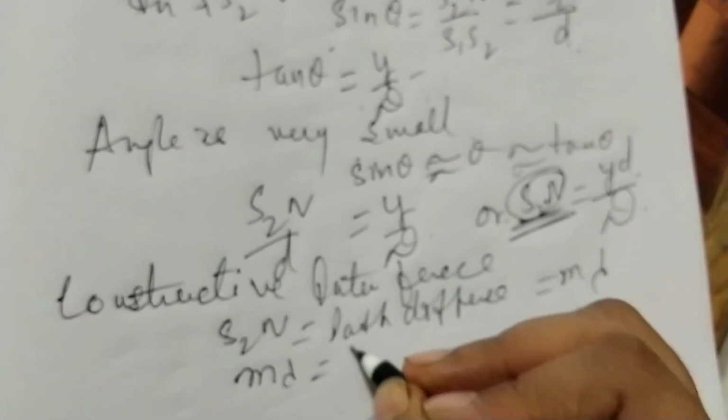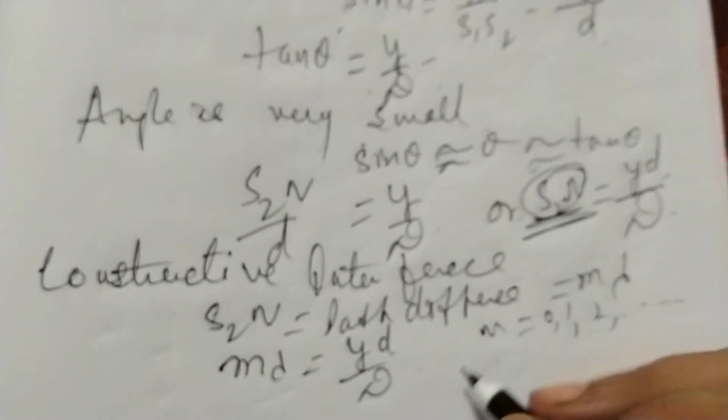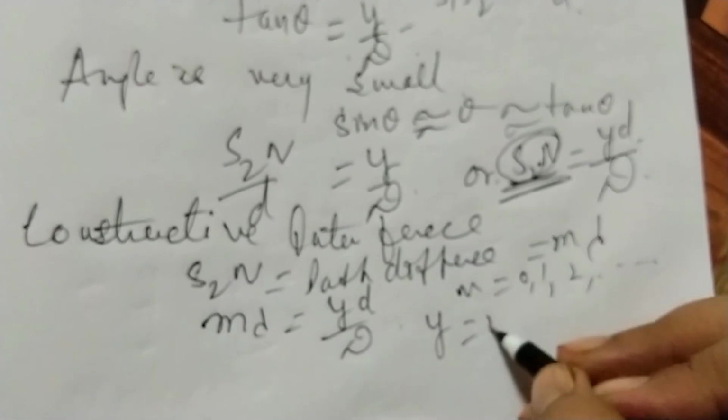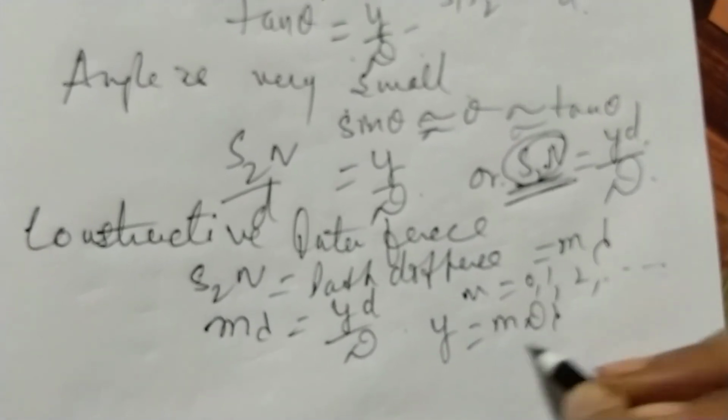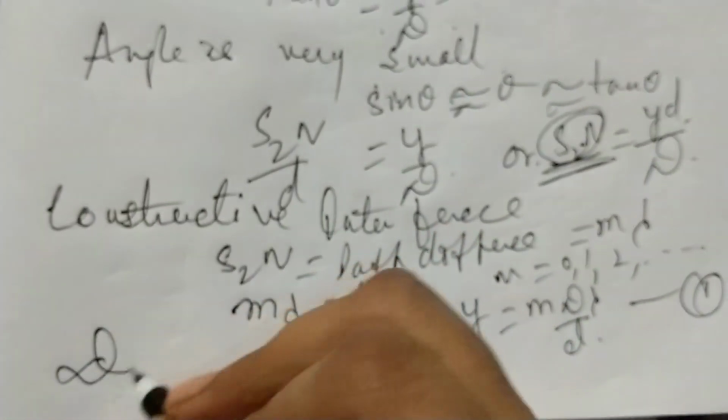So let us substitute this as m lambda equals y d by capital D, where m takes the values 0, 1, 2, 3 and so on. So here y is equal to m D lambda by small d. Make it equation 1.